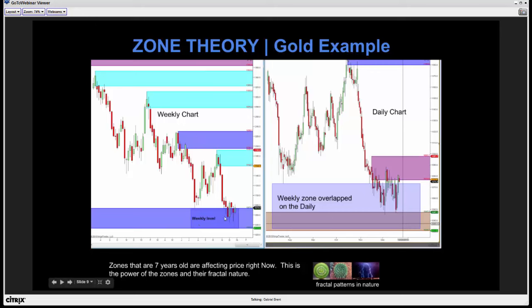So anyway, this zone is 7 years old, okay? These weekly levels are 7 years old, all right?